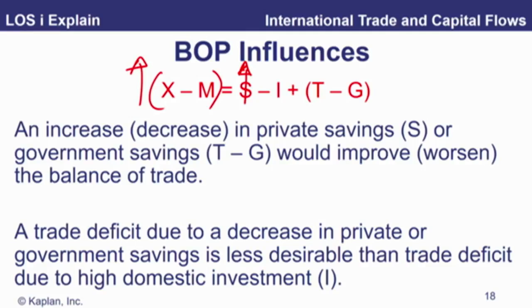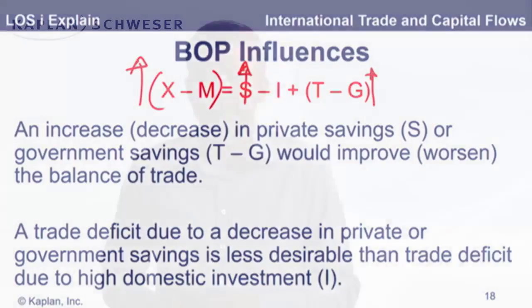Or government savings: an increase in government savings, if this term is going up, T minus G, that's taxes minus government spending. So that's government savings, written as T minus G, and that's going up. That improves or increases government savings. And the opposites are also true.